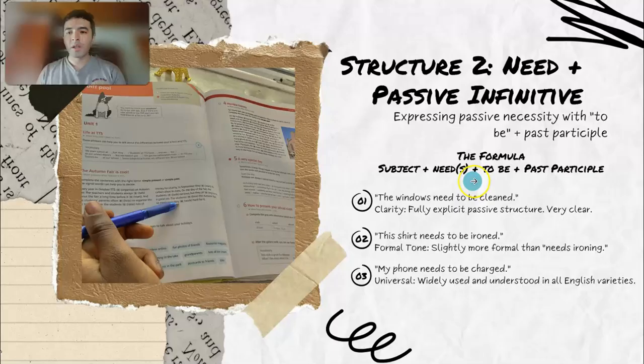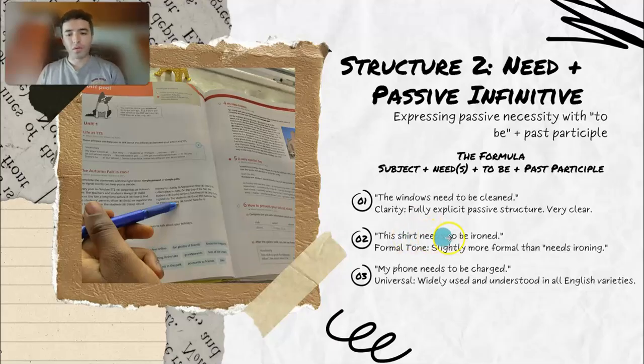Structure 2, need plus passive infinitive. Expressing passive necessity with to be plus past participle. Formula: subject plus need, with an s according to the third person rules, plus the verb to be plus past participle. We have another three examples. The windows need to be cleaned. Clarity: a fully explicit passive structure, very clear.